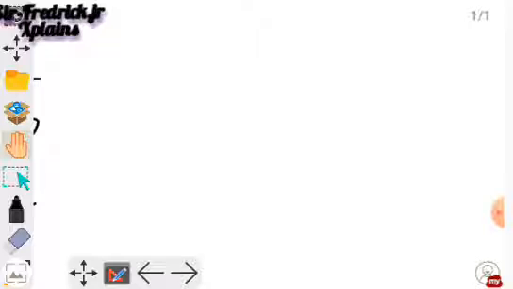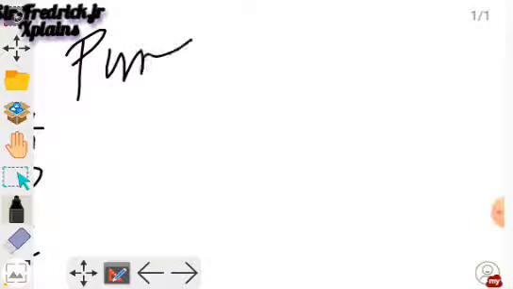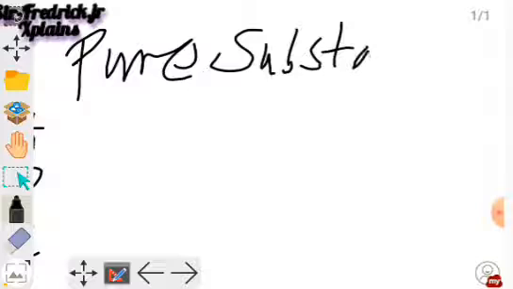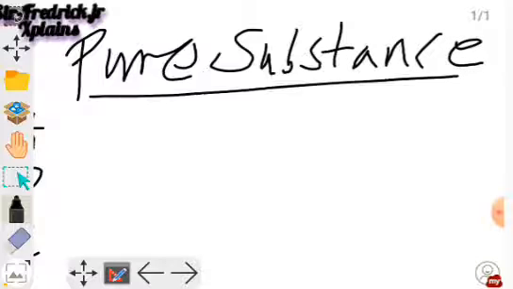The difference is that a pure substance contains only one element, while an impure substance contains more than one element. That's the first one.